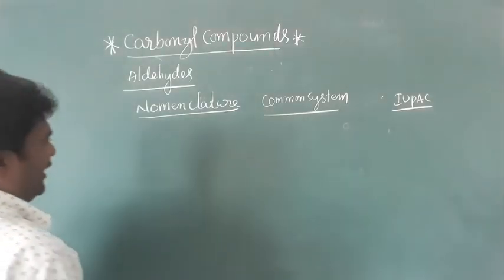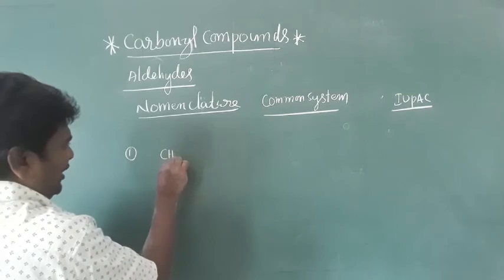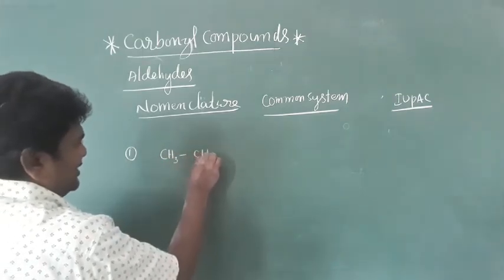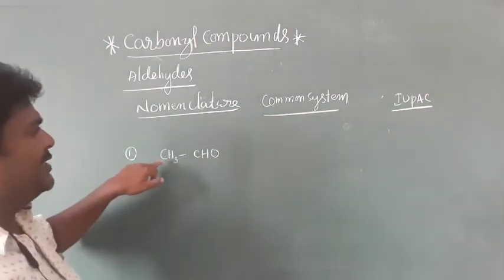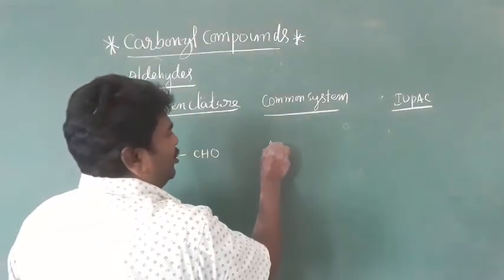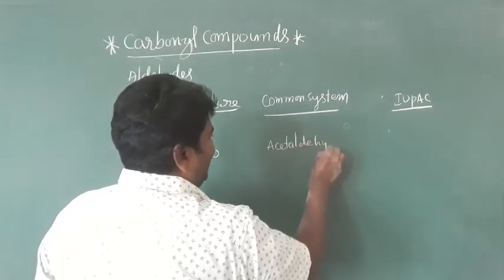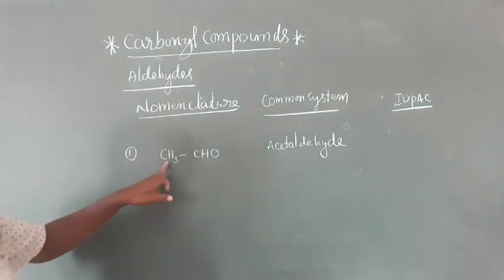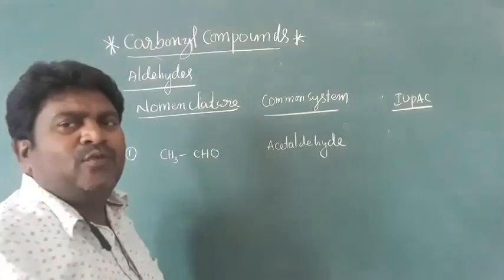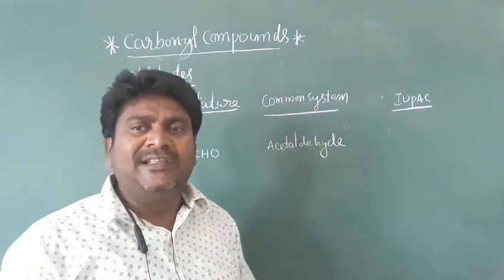Suppose I take one compound here, CH3CHO. The common name of this compound is acetaldehyde. In the IUPAC system, the suffix used is al, not ol, and al is different.